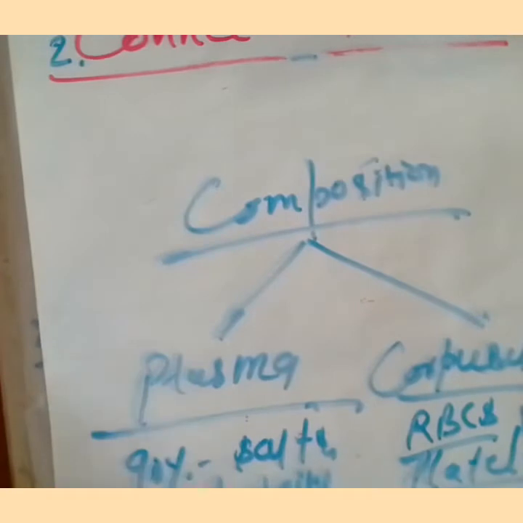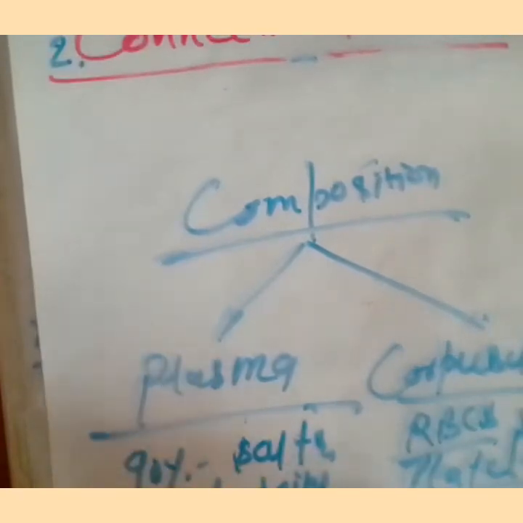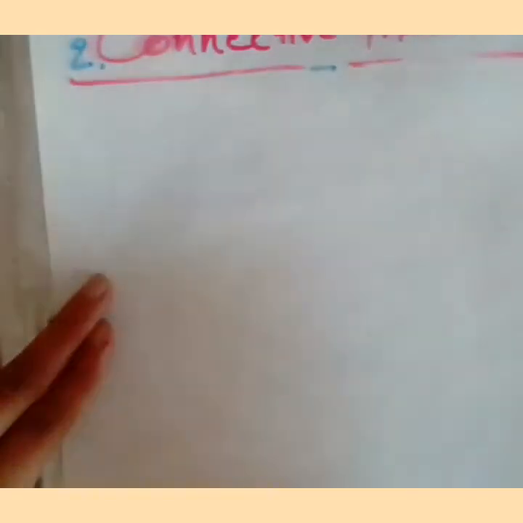Okay, so this is the composition of blood. And the function, you know, is that this is responsible for the transportation of the materials. So it transports gases, food that is absorbed, and hormones and waste materials also to different parts of the body.